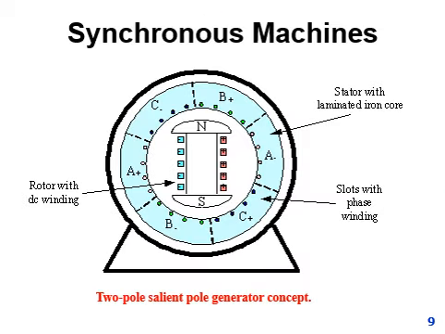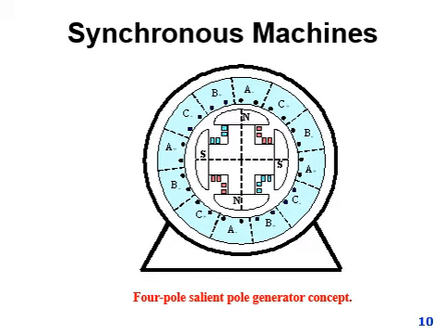This is again a figure showing the 2-pole salient pole generator concept. One is this north pole and then another is this south pole. Similarly, 4 poles can also be shown in salient way. So this is the 4-pole salient pole generator concept where there are 2 north and 2 south poles.